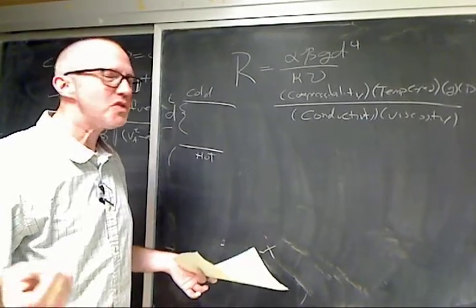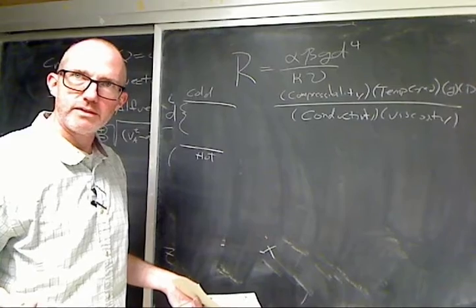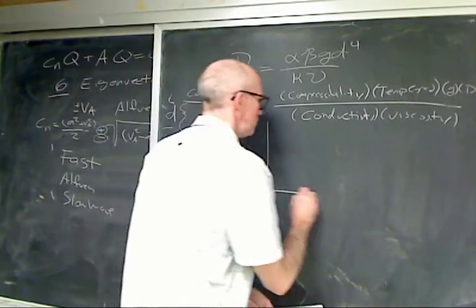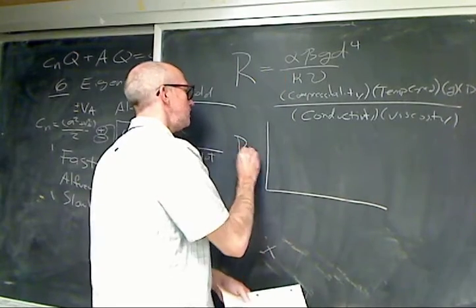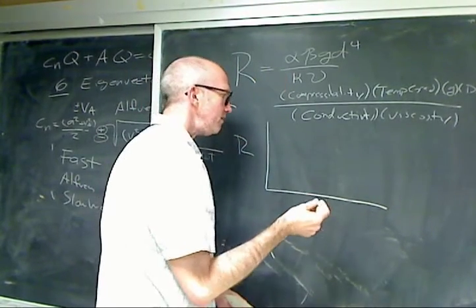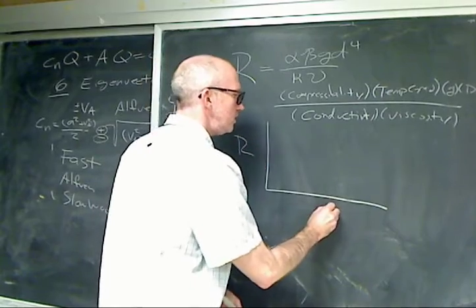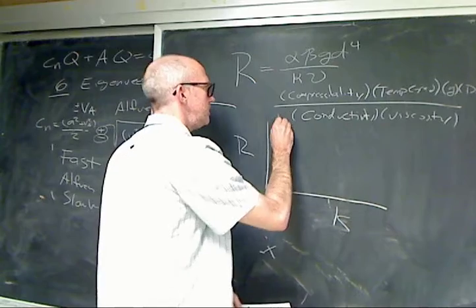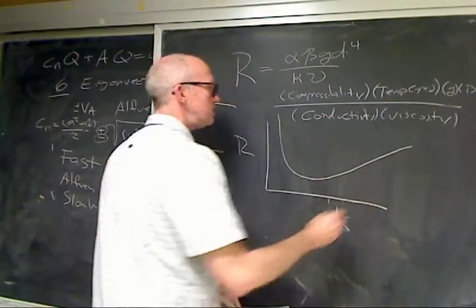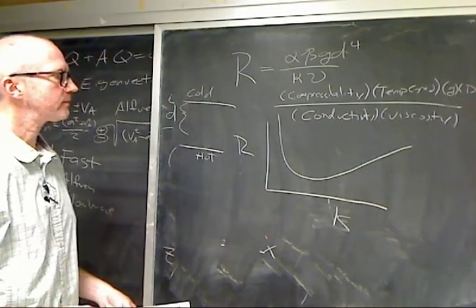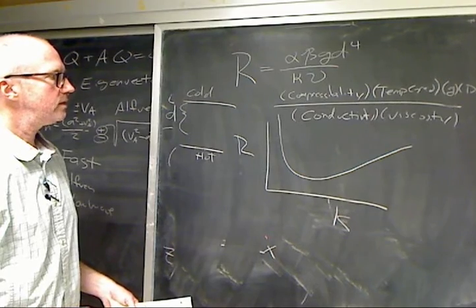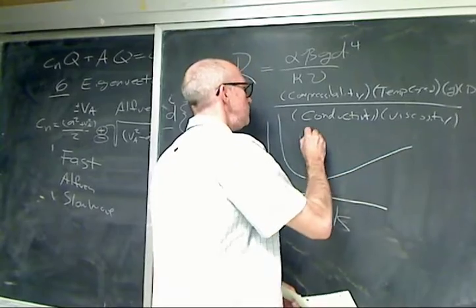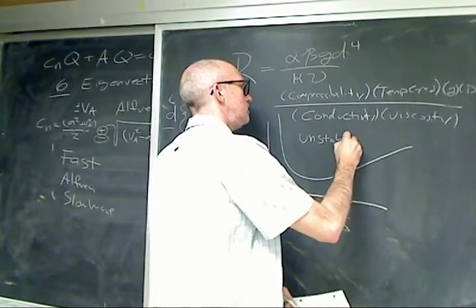But it also depends on wavelength. So not everything convects the same. So if I make a phase diagram of Rayleigh number versus wave number K, it looks like something like this. And this is unstable, and this is stable.